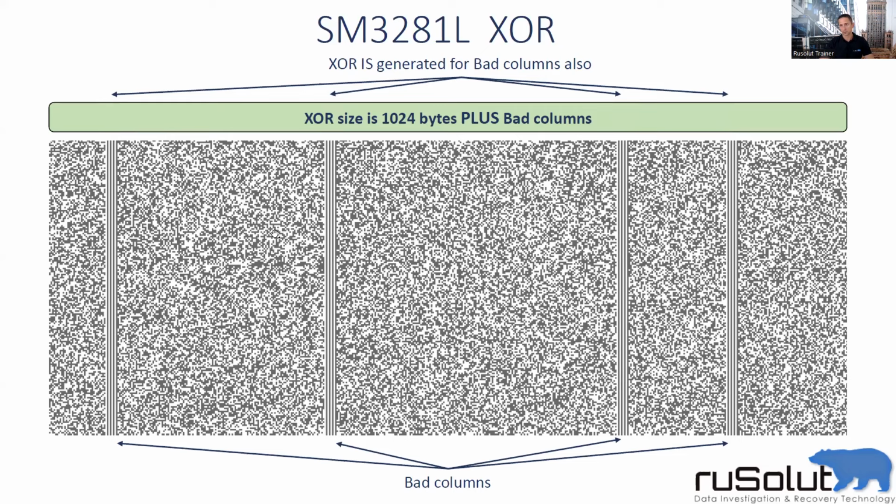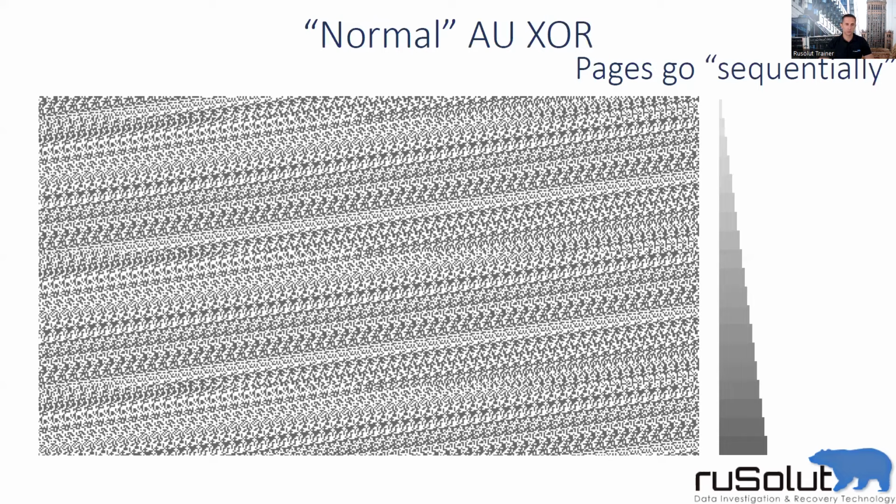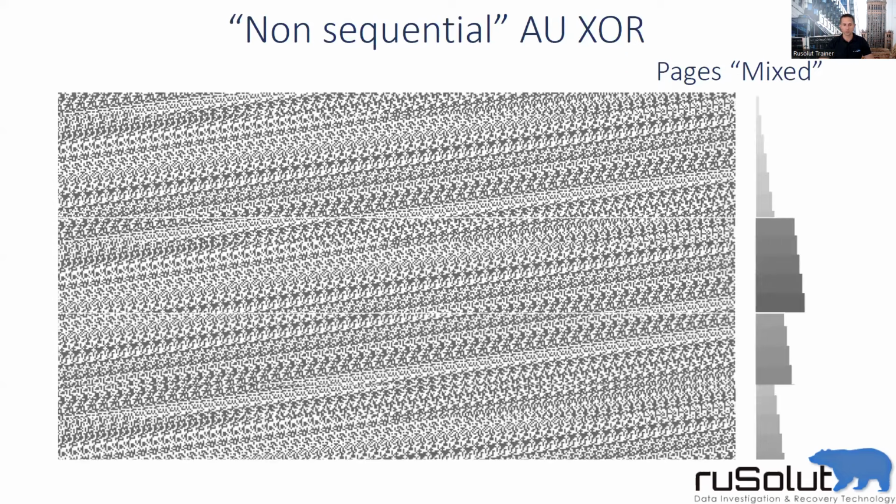For those cases, this procedure must be used because without it, it's just not possible to solve them. And also you can now solve AU controllers where the XOR key is mixed.